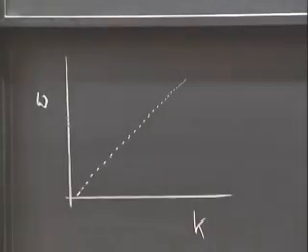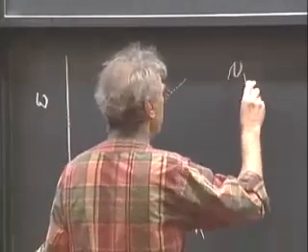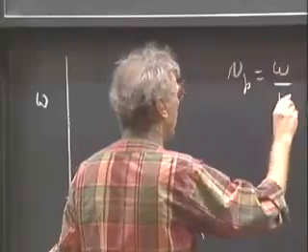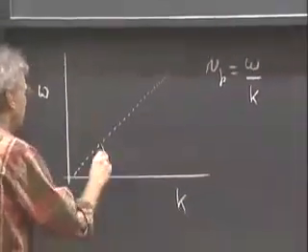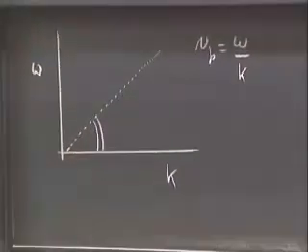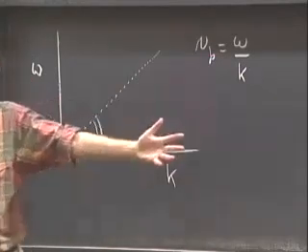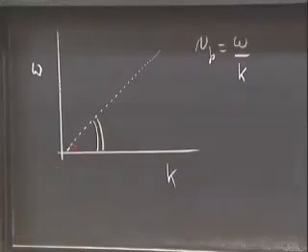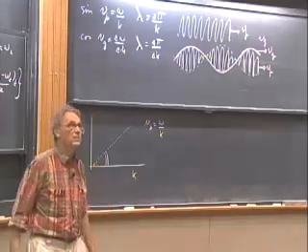It's clear that V phase, which is omega divided by k, is indicated by this angle, by the slope, and is the same. Independent of omega, it's everywhere the same. That is the definition of a non-dispersive medium: that all waves, regardless of frequency, have the same phase velocity.